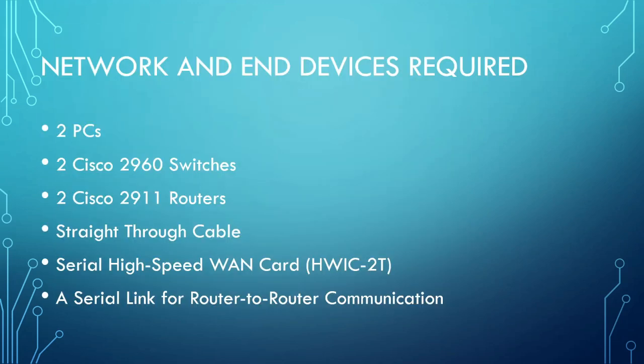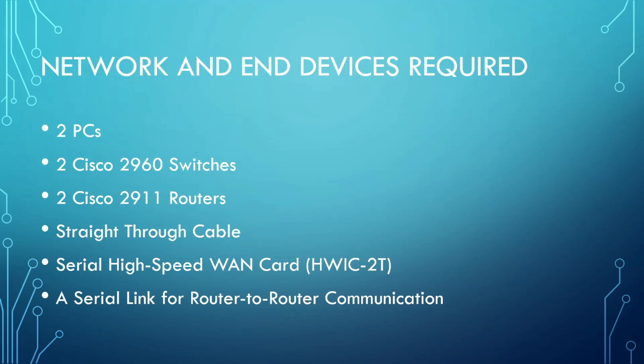The network devices required for this implementation are two end devices, that is two PCs. Again, two Cisco 2960 switches. After that, two Cisco 2911 routers. Straight through cable for connecting switch and PC. Again, we need a serial high-speed WAN card. So why do we need this?